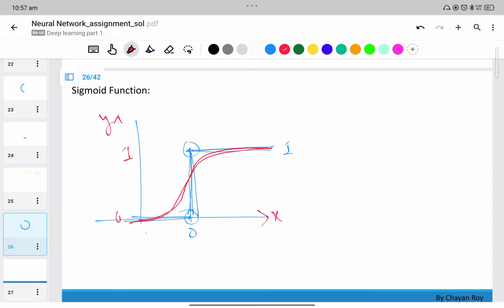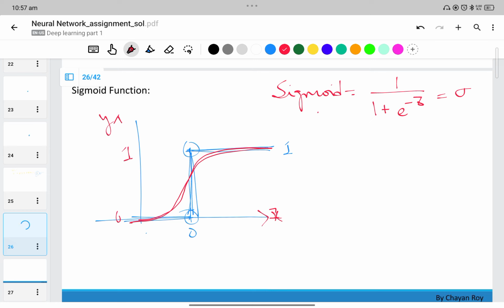This function is called a sigmoid function. Basically a sigmoid function is this equation: sigmoid is 1 over 1 plus e to the power minus z. So this is z, and the function is given as sigma.